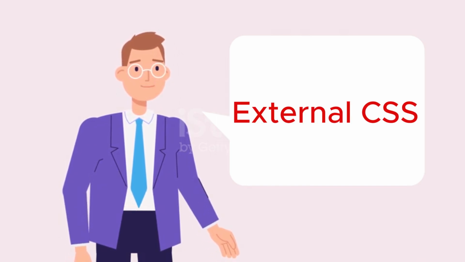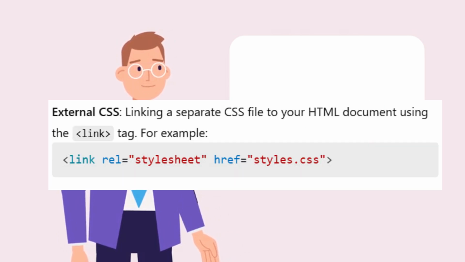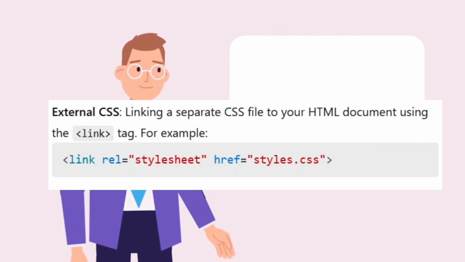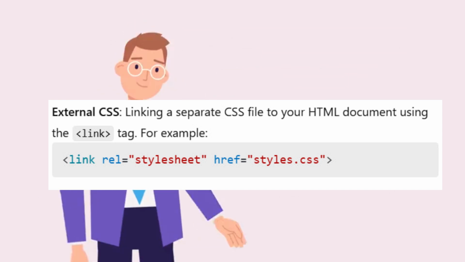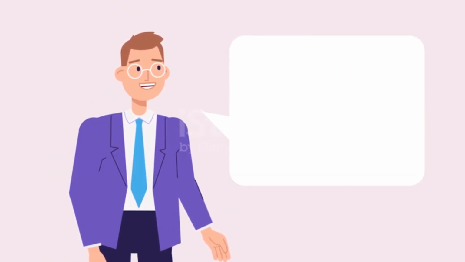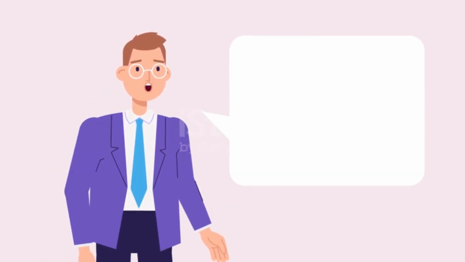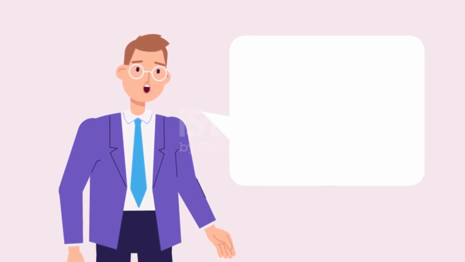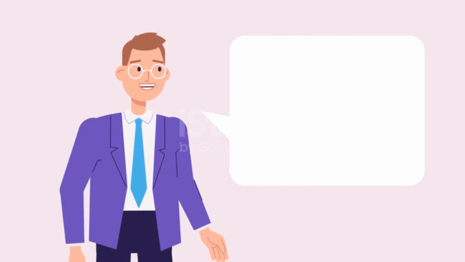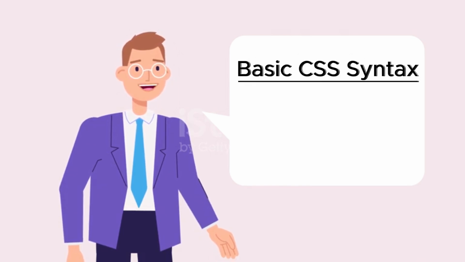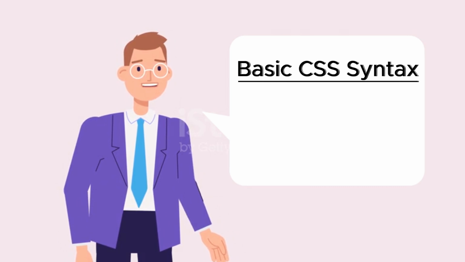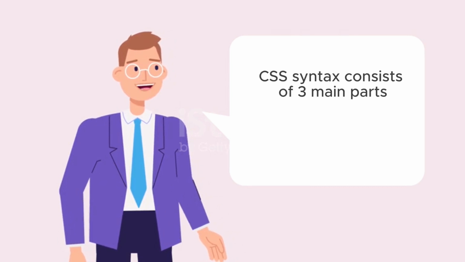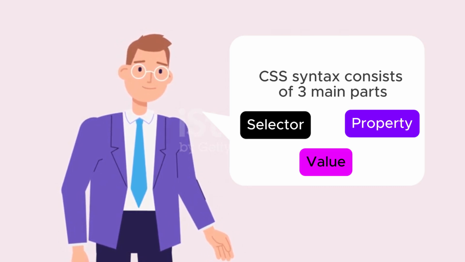External CSS: linking a separate CSS file to your HTML document using the <link> tag, for example. The best practice is to use external CSS because it keeps your HTML and CSS code separate and easier to manage.